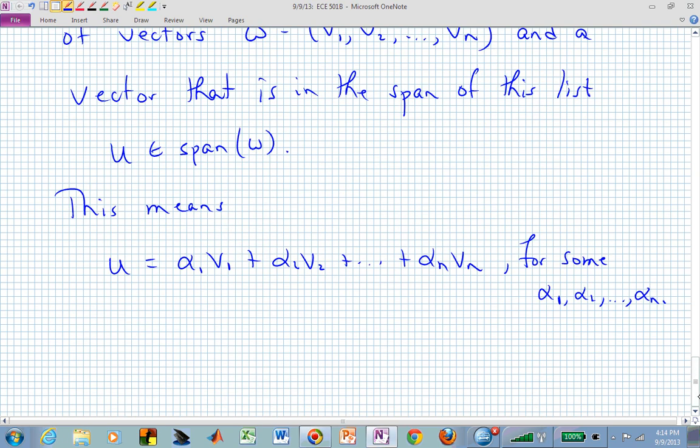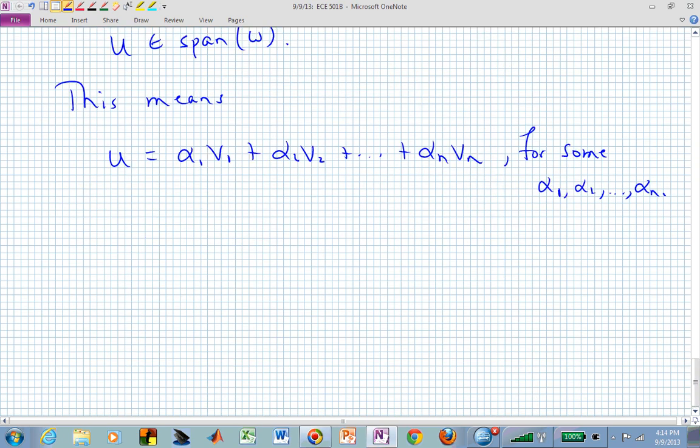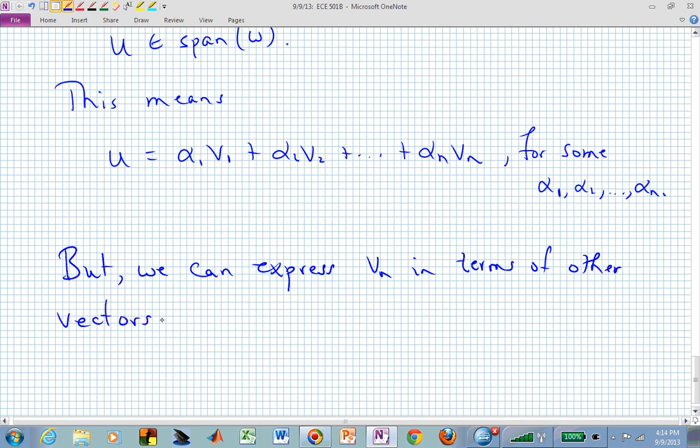If that list is dependent, then we can write it in terms of the other vectors, by the appropriate labeling of the V sub i's.